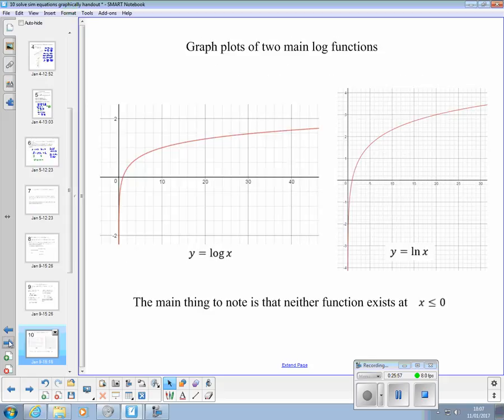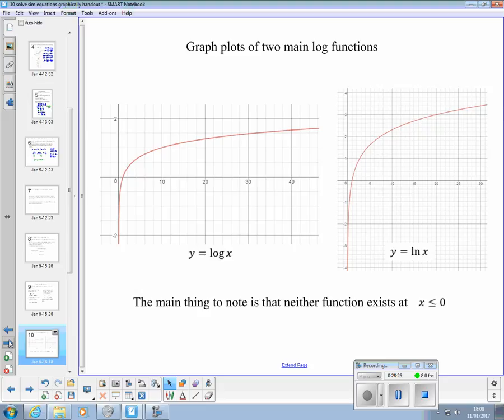If we graph logarithmic functions, the left-hand one is y is equal to the log base 10 of x, and the right-hand one is y is equal to the natural logarithm of x. The one thing to note about both of them is that neither of them exists for values of x less than or equal to 0.